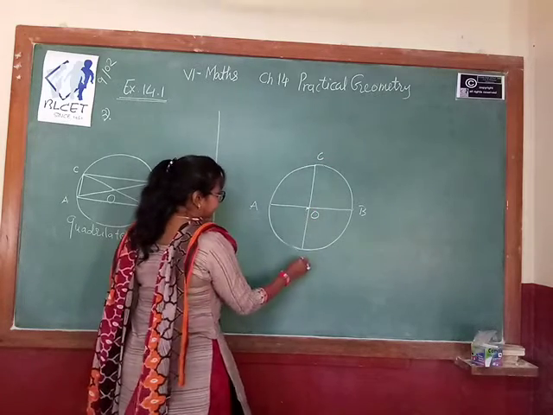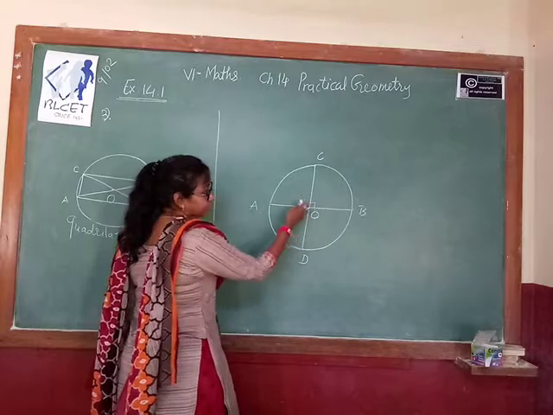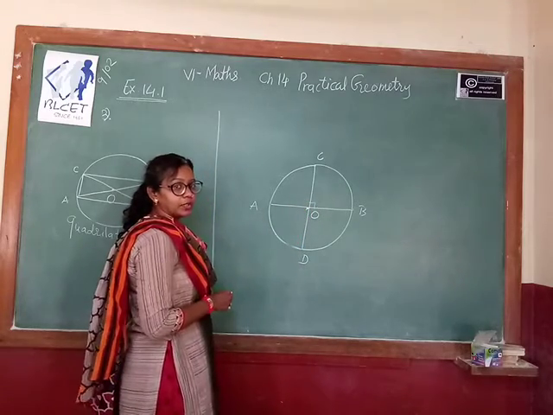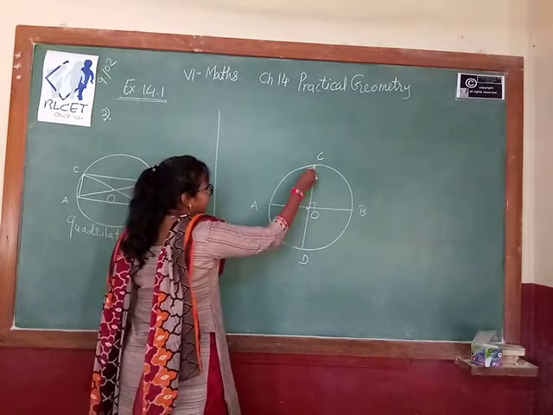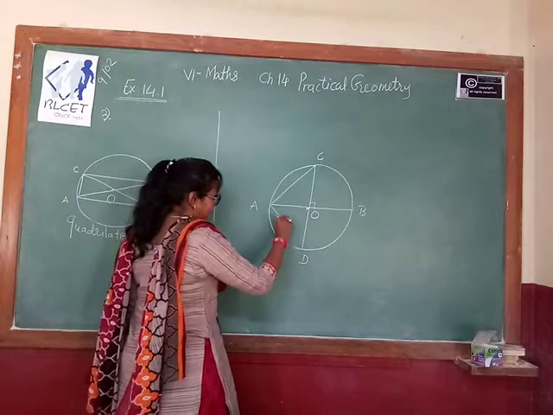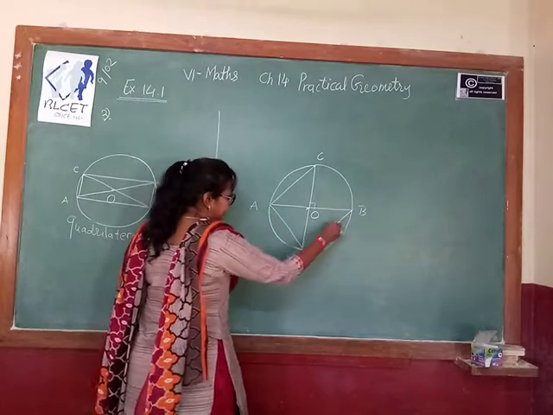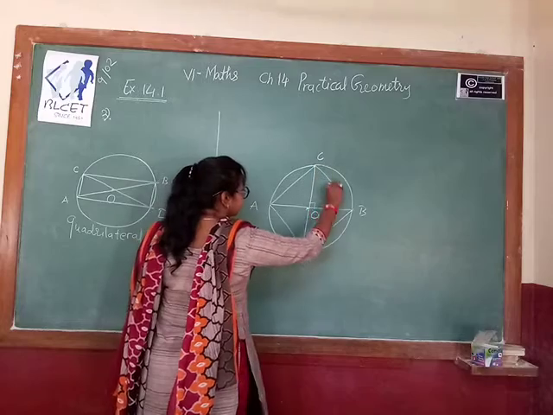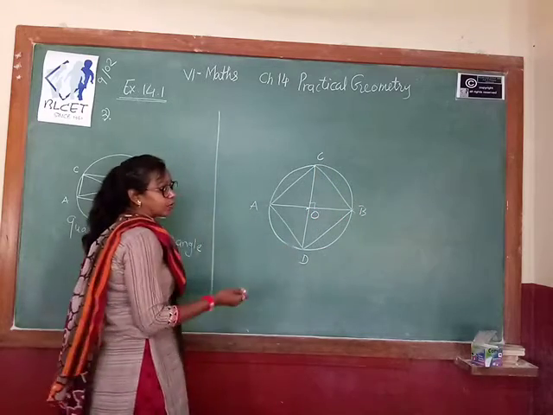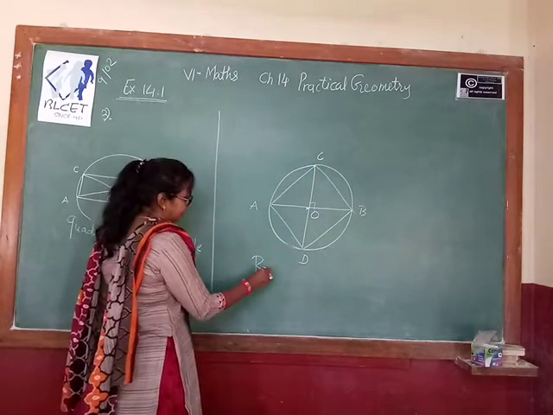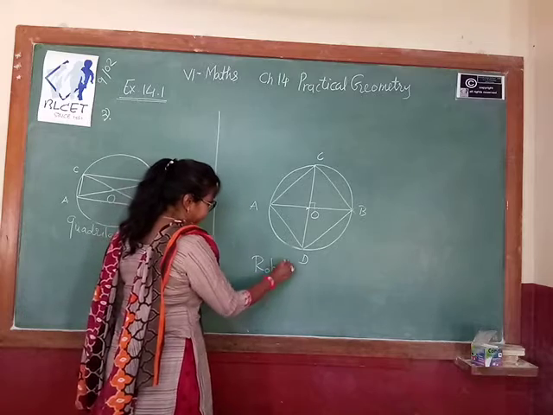Name it CD. Now these two line segments are perpendicular to each other. Now join its end points. So what kind of diagram are we getting? It looks like a square, but we write it as rhombus.